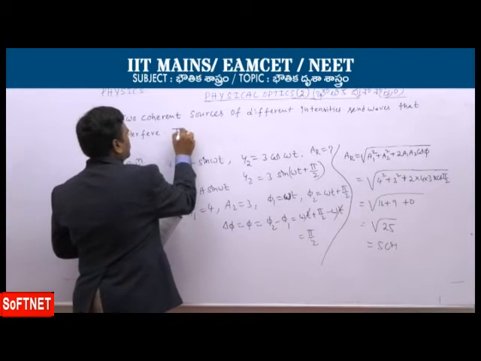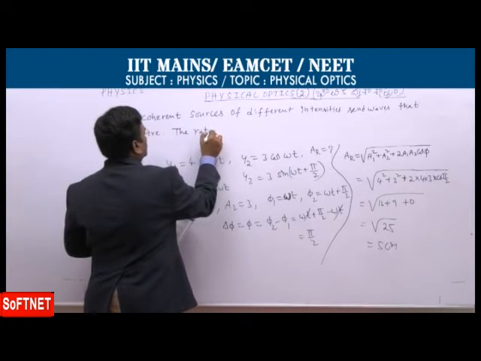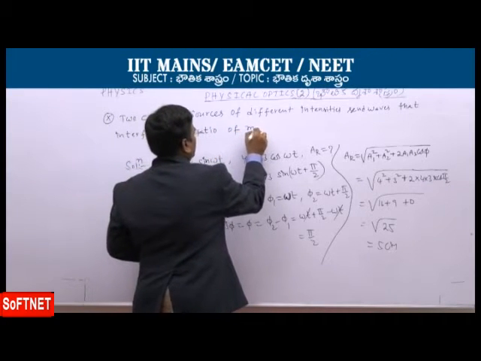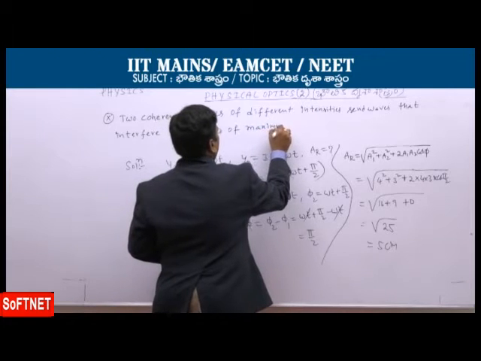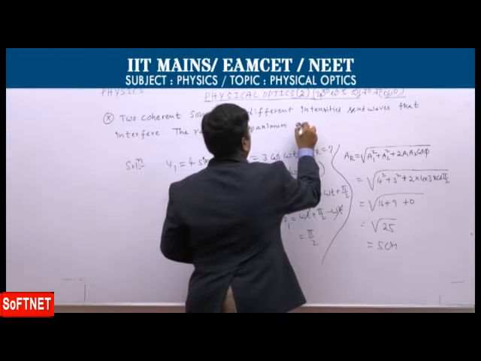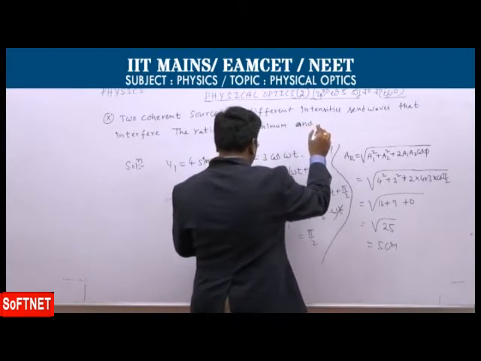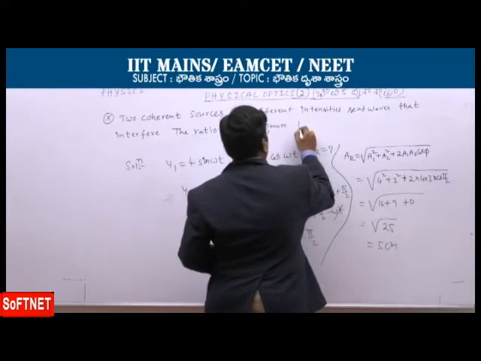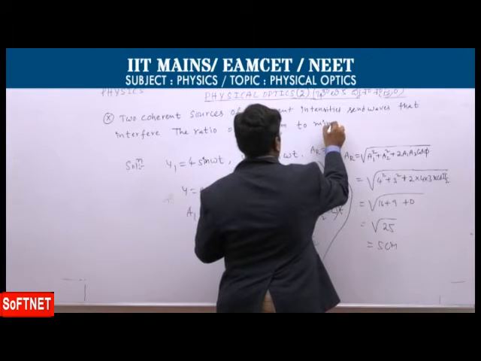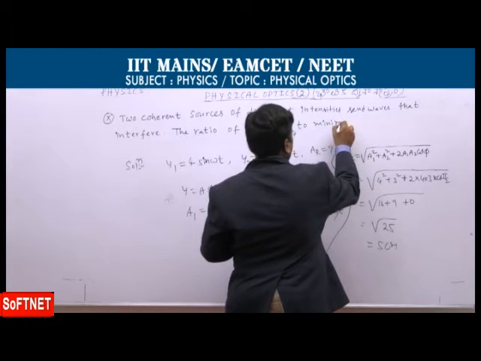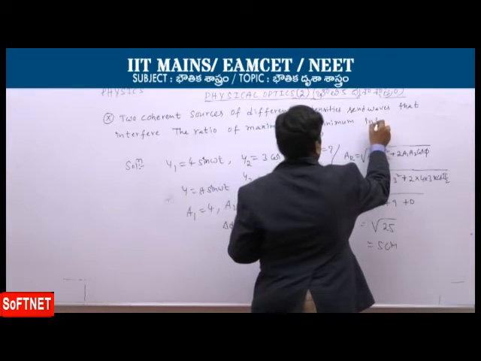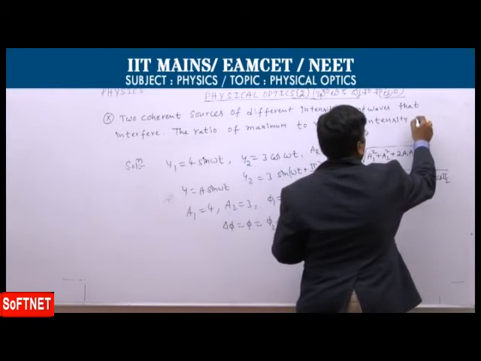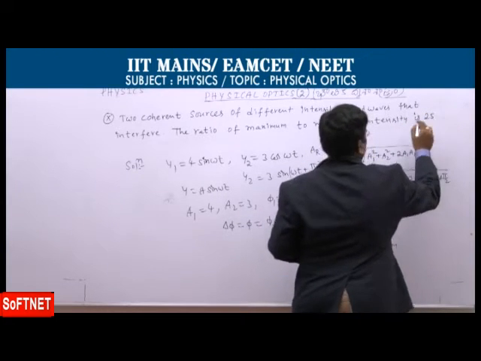Here, the ratio of maximum to minimum intensity is 25.